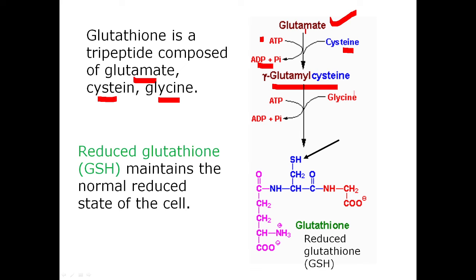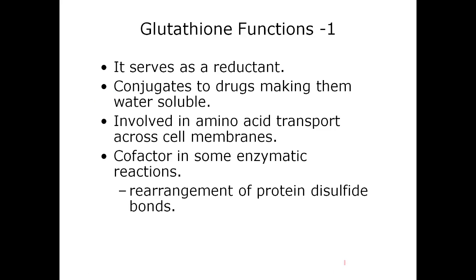This gamma glutamyl cysteine combines with the amino acid glycine in the presence of ATP, where ATP is getting converted into ADP and inorganic phosphate, and now we have glutathione. So what is present in the glutathione? There is glutamate, cysteine, and glycine, three amino acids. So that is glutathione, and this is reduced glutathione. Reduced glutathione we show as GSH.